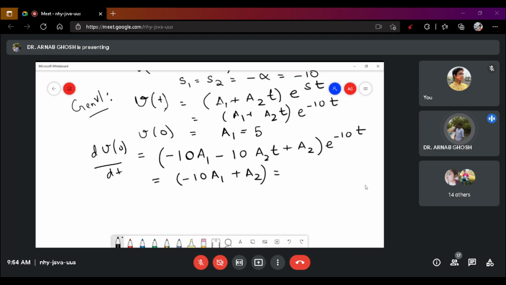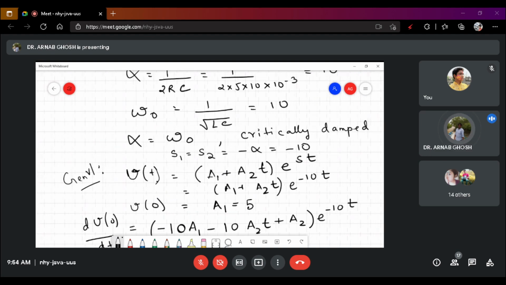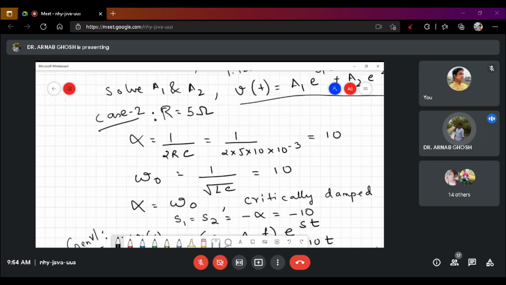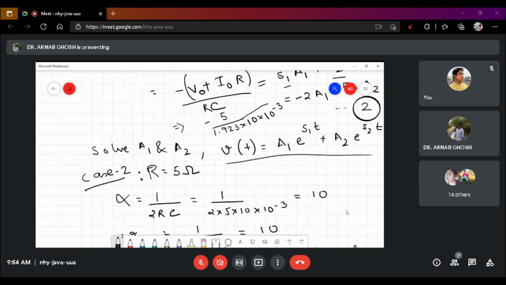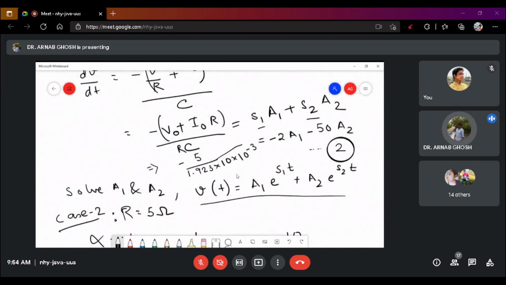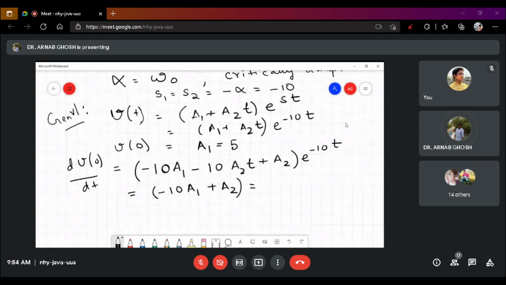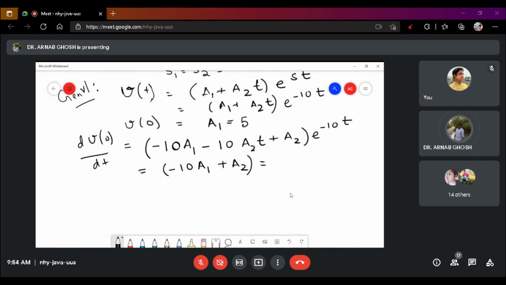That is, in the previous case you calculated dv0 by dt. Do you remember you calculated dv0 by dt in the previous case? This will be the same here as well. So this will be equal to minus (v0 plus i0 R) by RC. So put the values here.